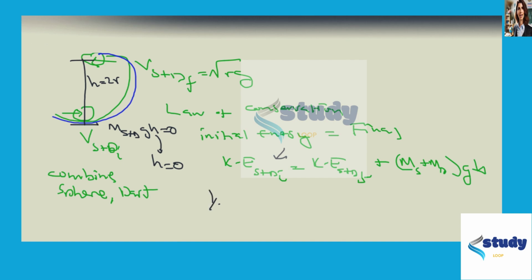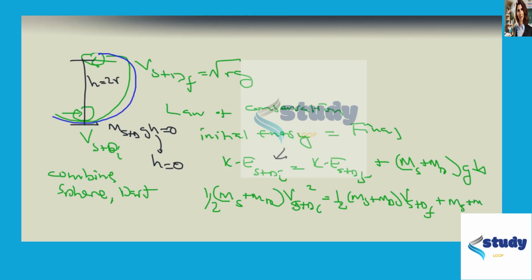Plugging in the variables, we have 1/2 times the mass of the sphere plus the mass of the dart, times the initial velocity of the sphere and dart squared, equals 1/2 times the mass of the sphere and the mass of the dart times the final velocity of the sphere and the dart squared, plus the potential energy for the combined system when the dart embeds itself in the sphere.